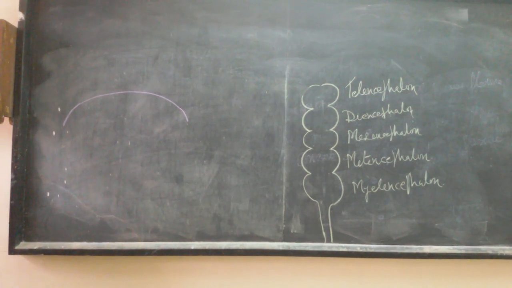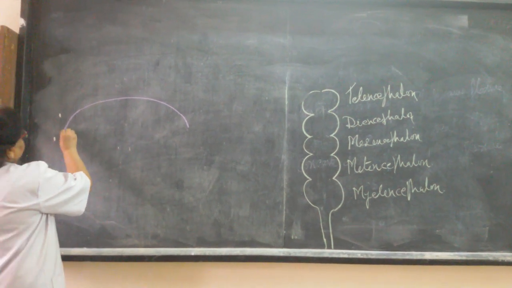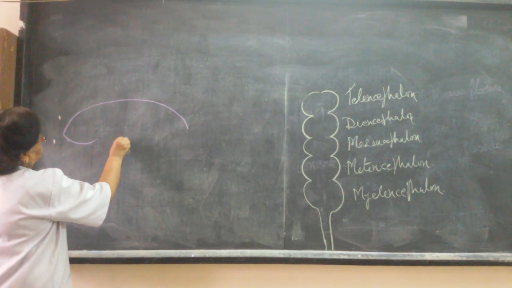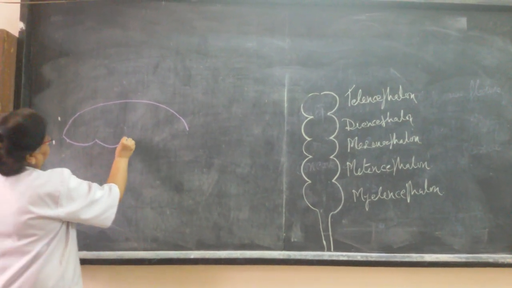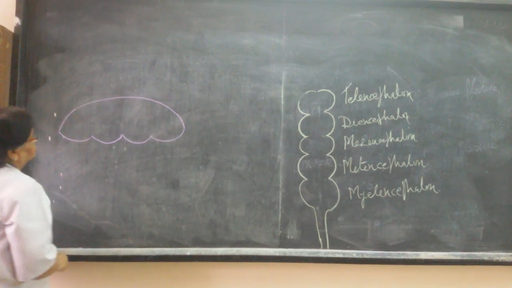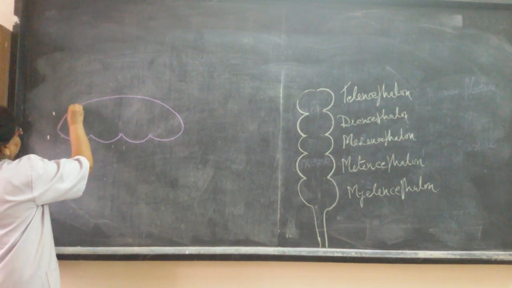The basal lamina and the alar lamina come to lie ventrally. This is the roof plate.